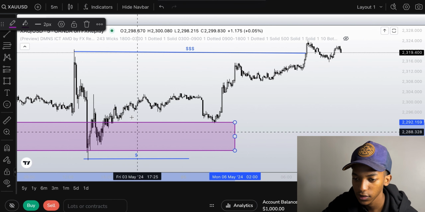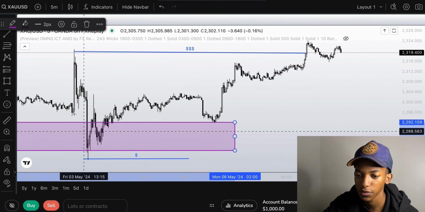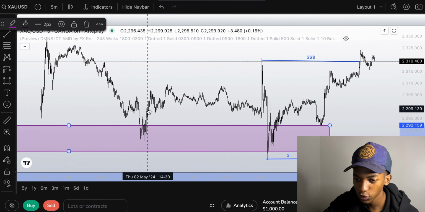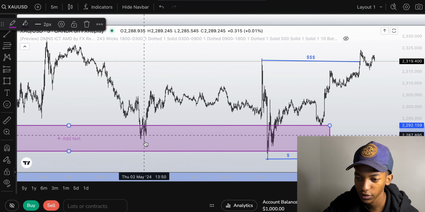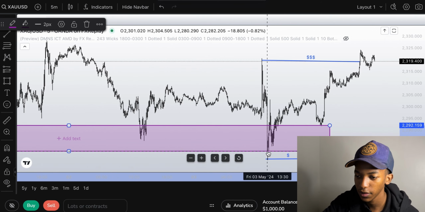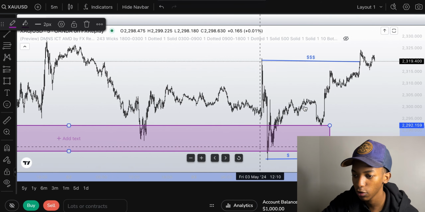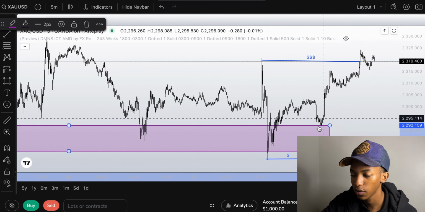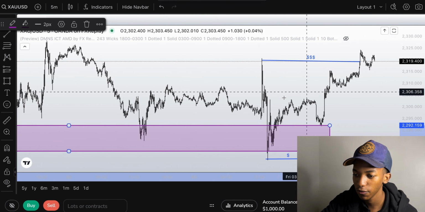And why is this? Because this area has been respected previously. Whenever price came up to this area, hit the order block, it bounced off. Hit the order block, bounced off, and once price hit the order block once more, it bounced off. Why?